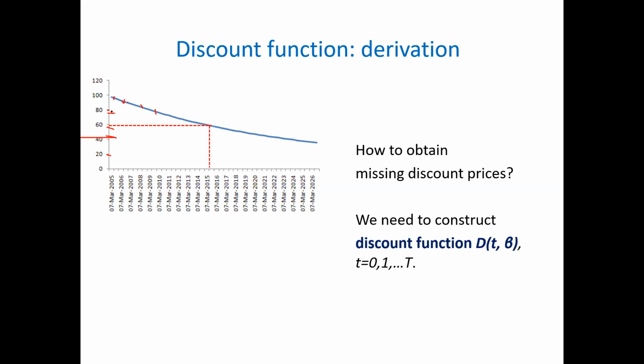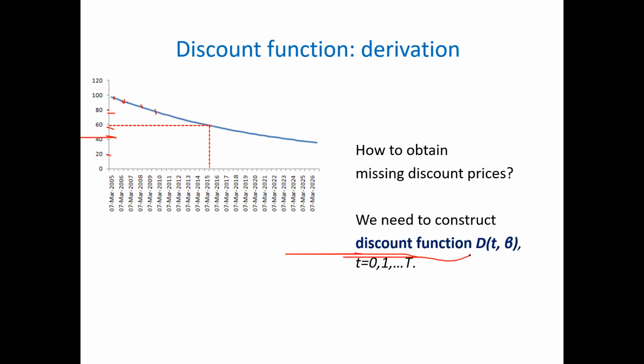And this is what is done by central banks, including the Russian central bank, the Bank of England, and the Federal Reserve, which is the central bank in the USA. All these banks produce this curve, and this curve has its name: it's called the discount function.